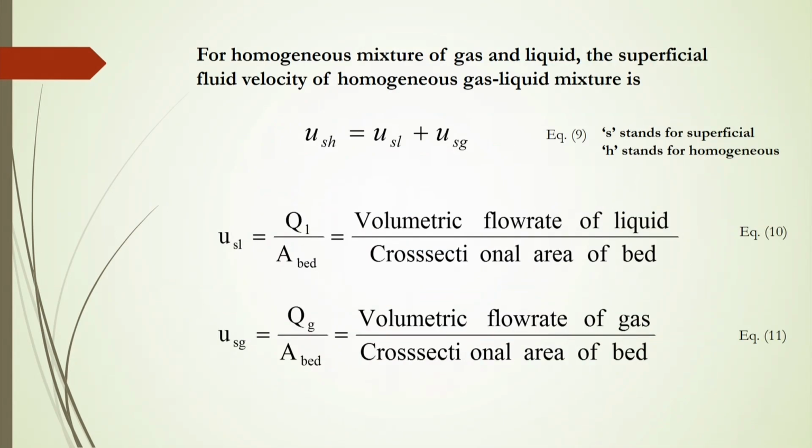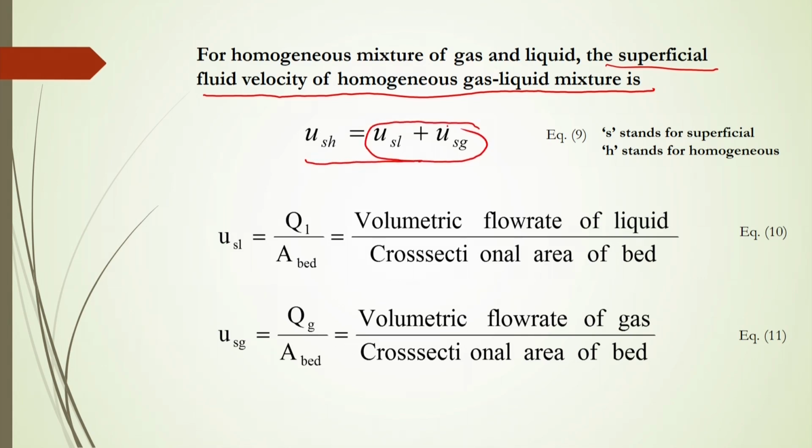Now, if we consider a homogeneous mixture of gas and liquid in a gas liquid solid system, then the superficial fluid velocity of the homogeneous gas liquid mixture can be calculated as U_SH, the mixture velocity of liquid and gas. Here S stands for superficial, H stands for homogeneous.